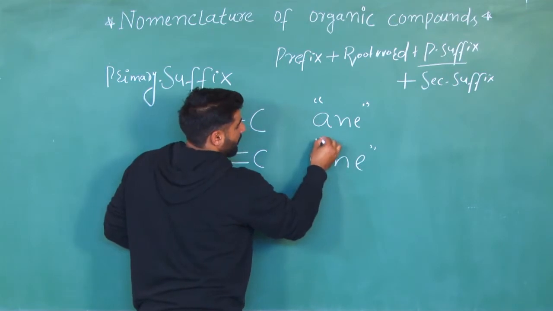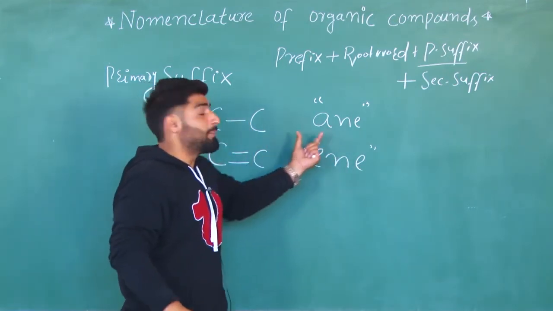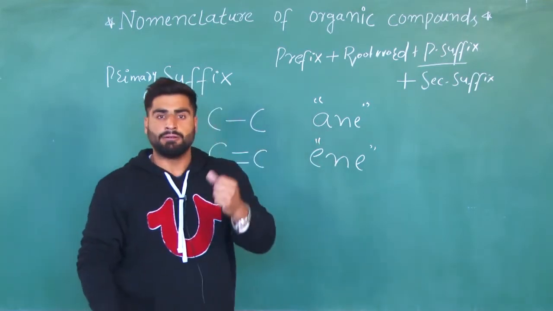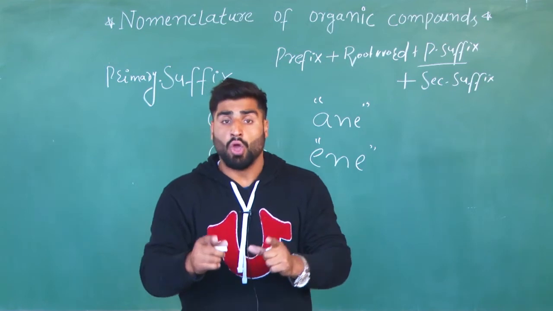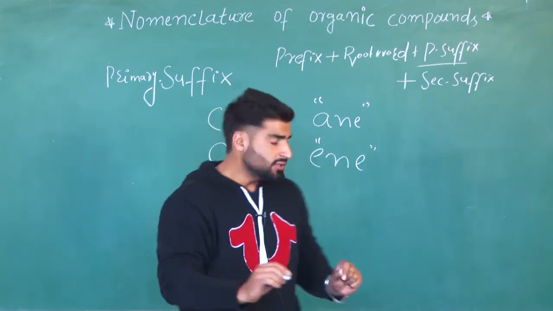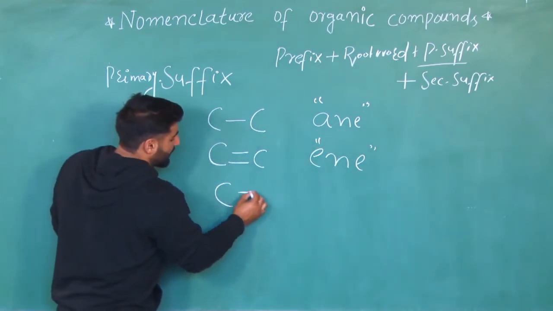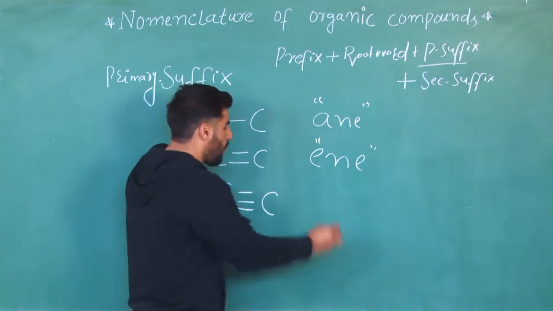Very simple. For carbon-carbon single bond linkage, we use ane. For carbon-carbon double bond linkage, we use ene. And for carbon-carbon triple bond, we use the primary suffix yne.